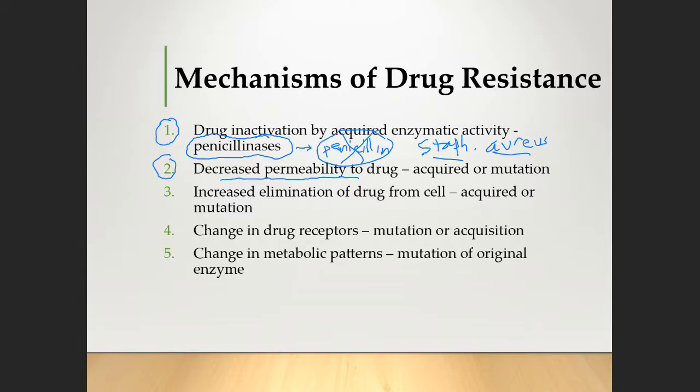The next action will be increasing the elimination of drugs from the cell. Okay? So again, for some bacteria that have resistant gene, the drugs will enter into their cell. Okay, so let's say this is a drug entering the cell, but this bacteria actually has the ability to pump this drug out from the cell. Right? So increase the elimination of this drug from the cell.